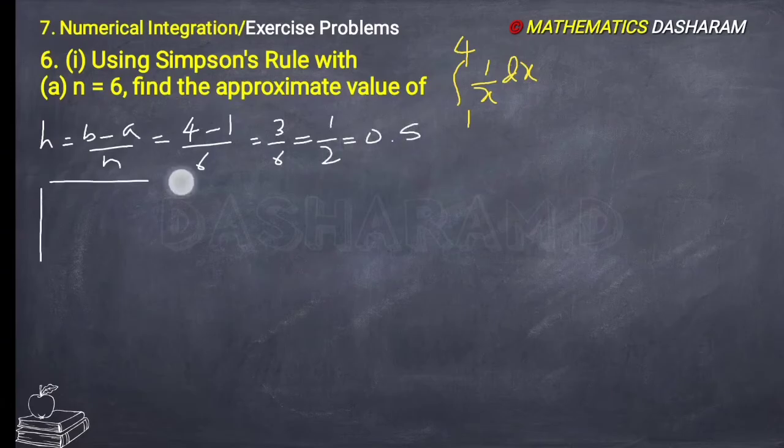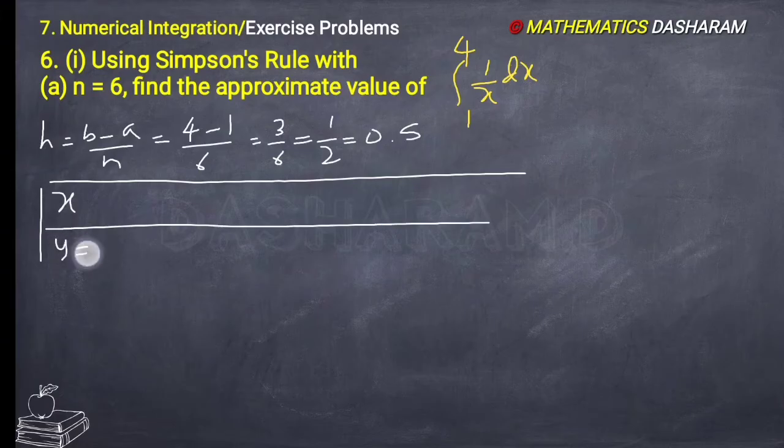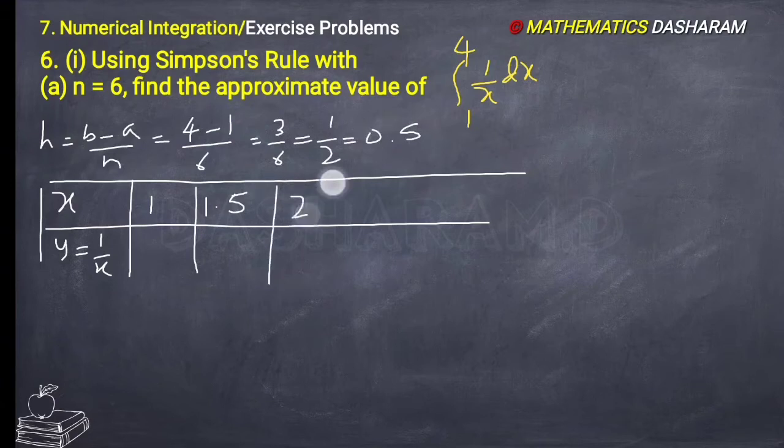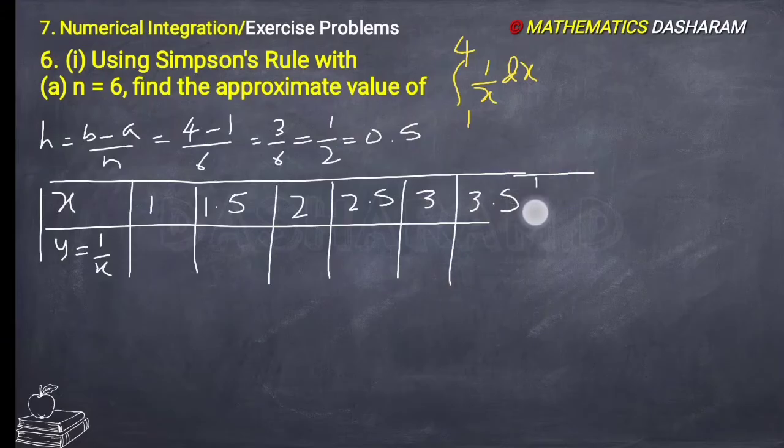Now let's draw a table. Here the x value, and y is the given function 1 by x. The first x value is 1, the second is 1.5, increasing with h, then 2, 2.5, 3, 3.5, and the last one 4.